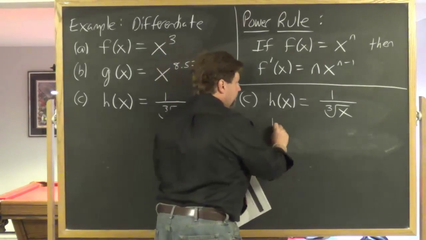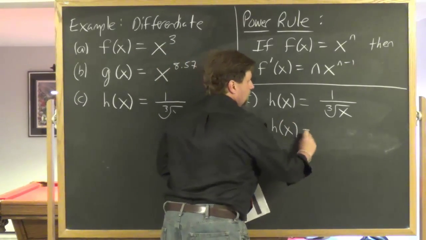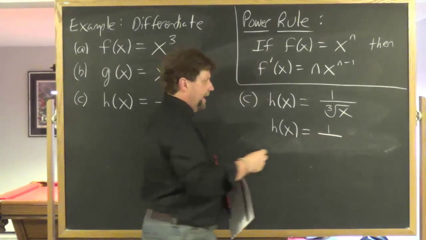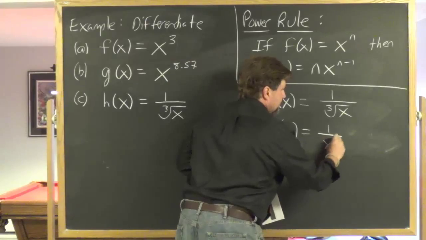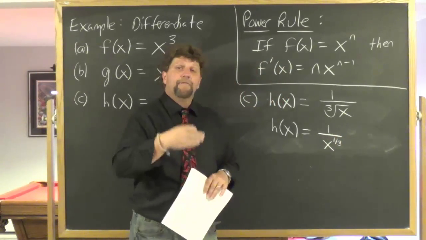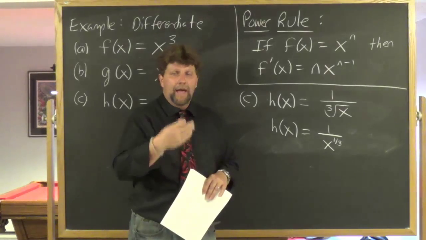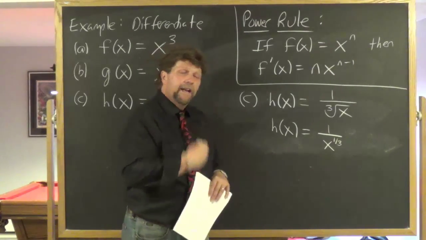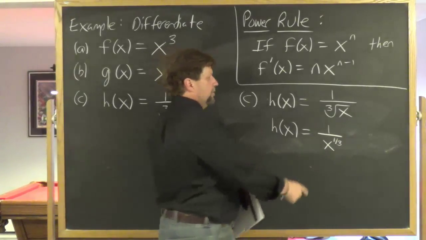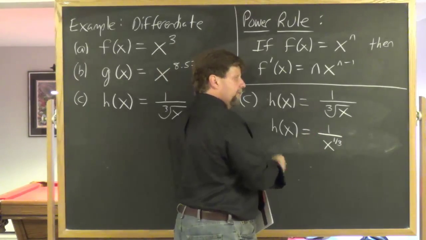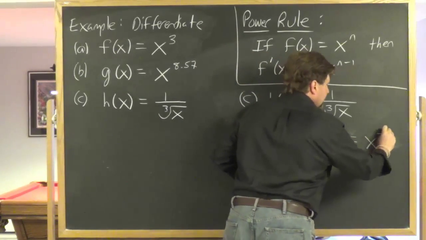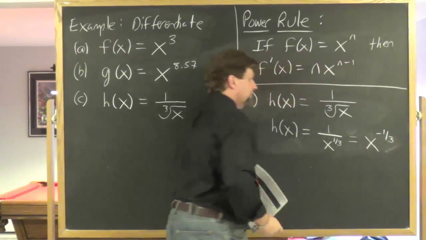So I can rewrite the denominator, that cube root of x, as x to the 1/3. My first step here was algebra. Next I need to remember another rule of exponents, which will allow me to rewrite 1 over x to the 1/3 as x to the negative 1/3.